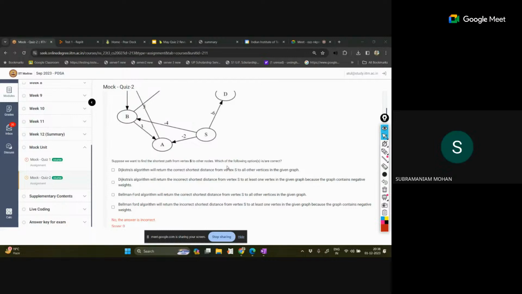The point here is, you summarized that whenever there is a negative weight, the Dijkstra algorithm will not work. That's what we understood from the lesson, but when we apply that reference to this answer, we are going wrong.